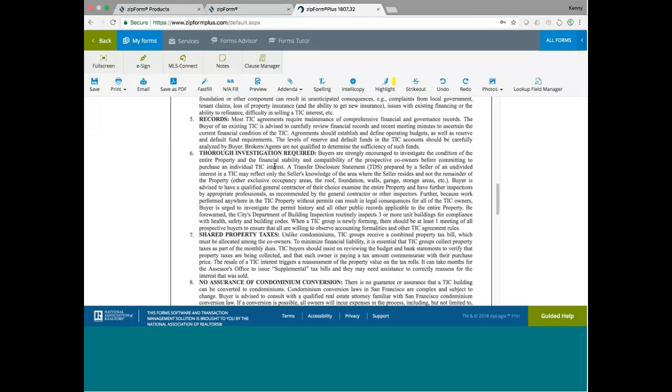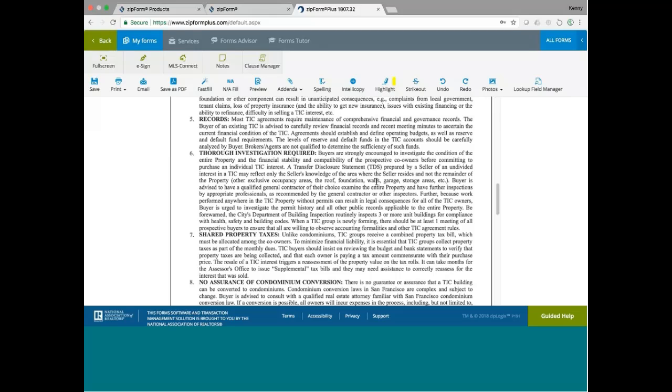A transfer disclosure statement prepared by a seller of an undivided interest in the TIC may reflect only the seller's knowledge of the area where the seller resides and not the remainder of the property.